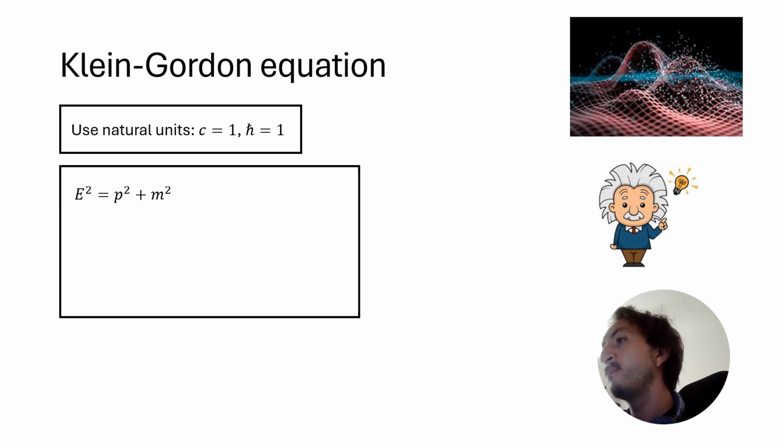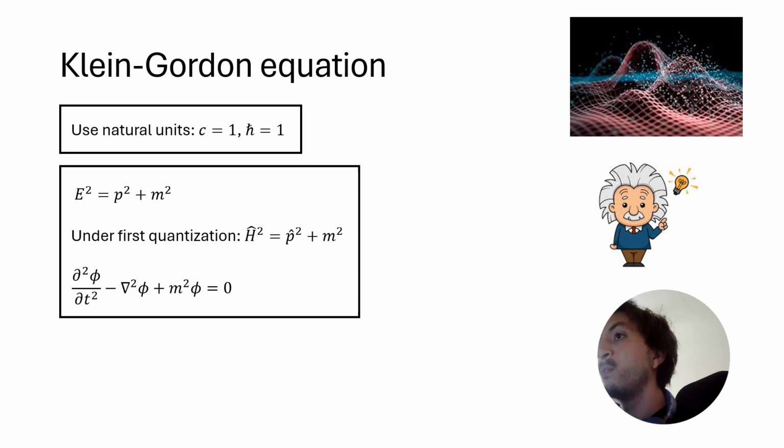So we have an equation for E squared, where E is the relativistic energy of a particle, and to turn this into quantum mechanics we quantize it. We replace E with our Hamiltonian and replace P with our momentum operator. Then if you substitute in the expressions we had before, remembering we're setting h bar equal to 1, so factors of h bar seemingly vanish, we end up with this expression for a field phi.